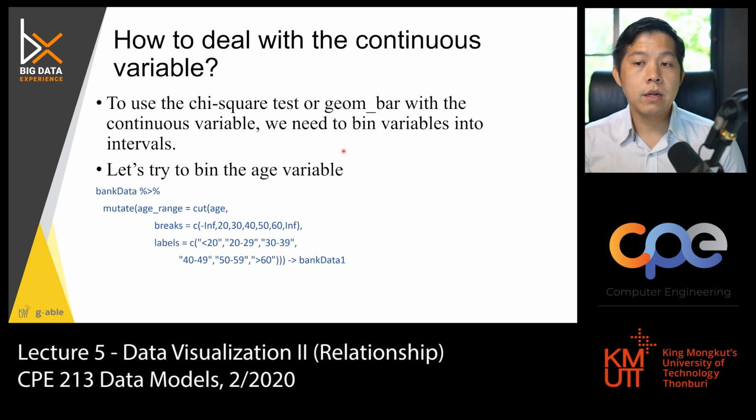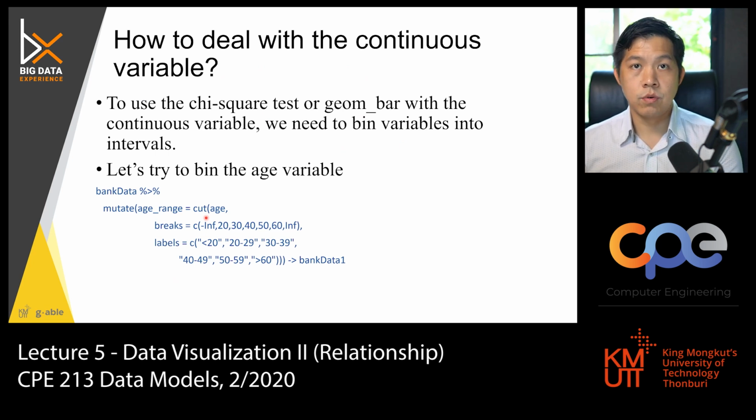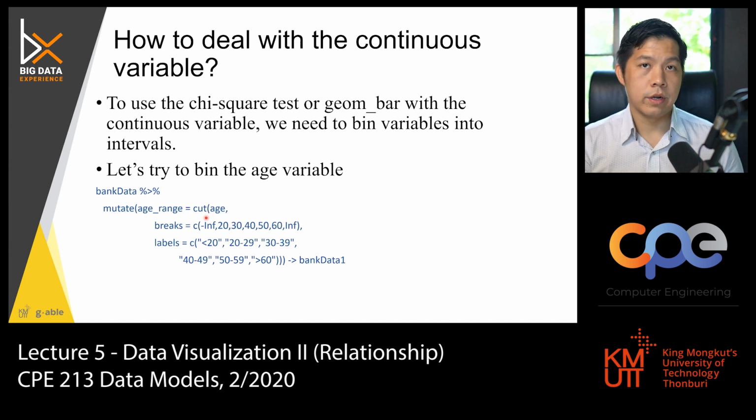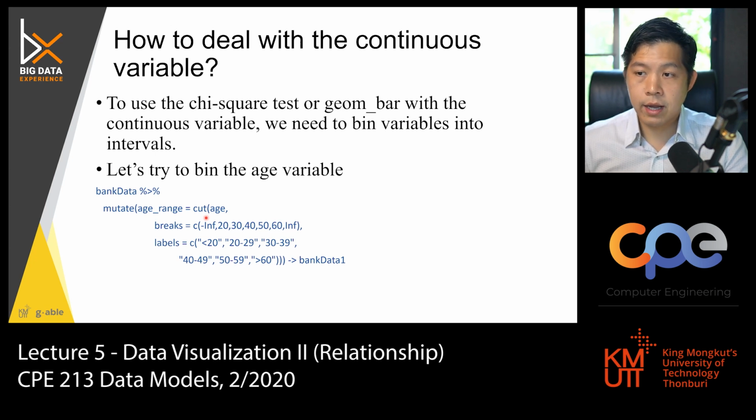You can bin the variables by using cut. Cut is a quite powerful function that would cut our data into pieces, into categories. When you have a numeric variable, you can transform it into a categorical variable using the function called cut. You cut the variable age according to the breaks and then label them accordingly.